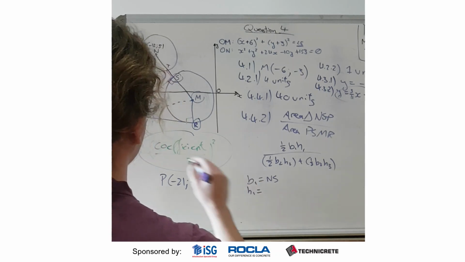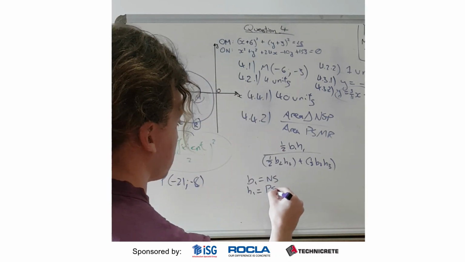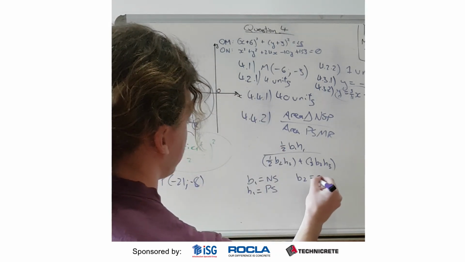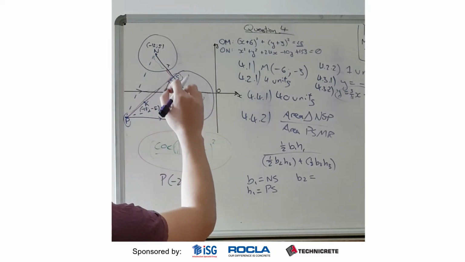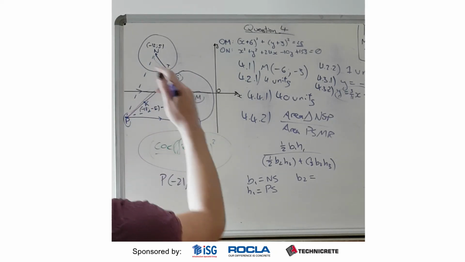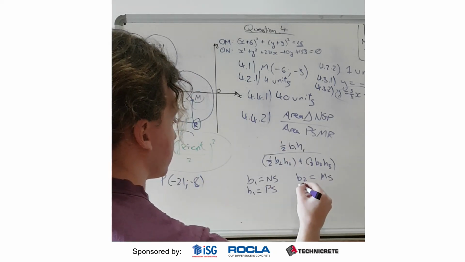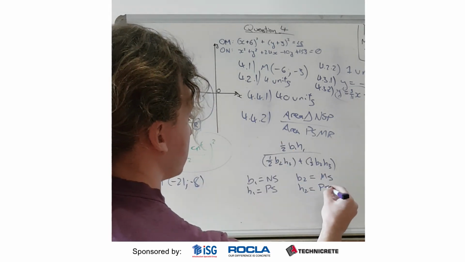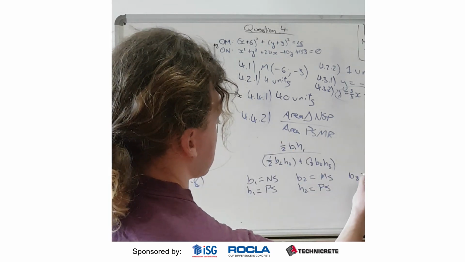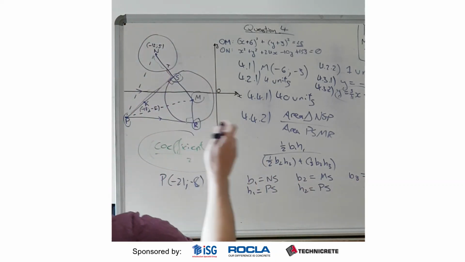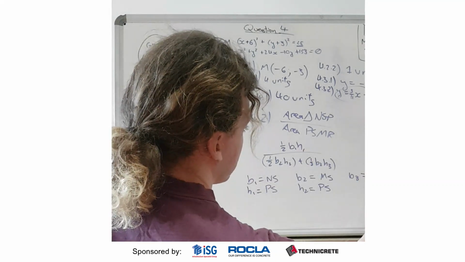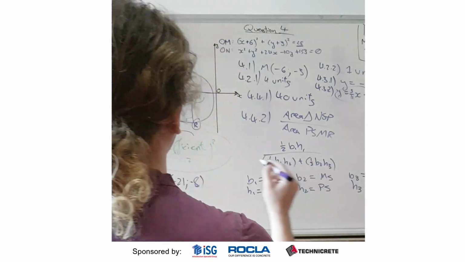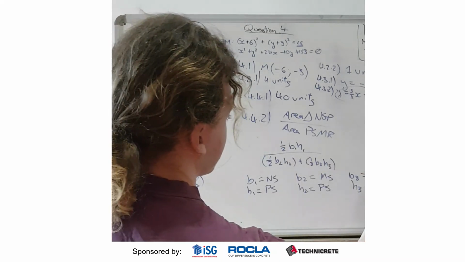And height 1 we're going to call PS. Breadth 2, let's call it this triangle here, let's call the breadth MS. And PS will be our height again. This breadth, let's make it MR. And the third height, let's make it PR.